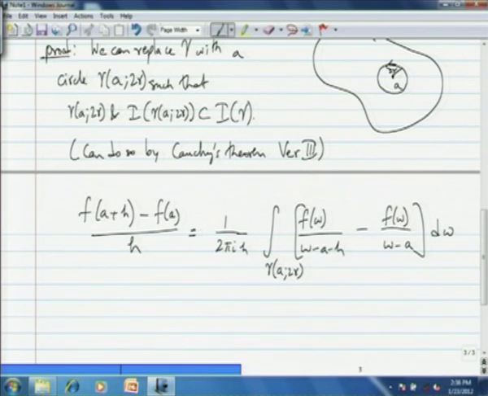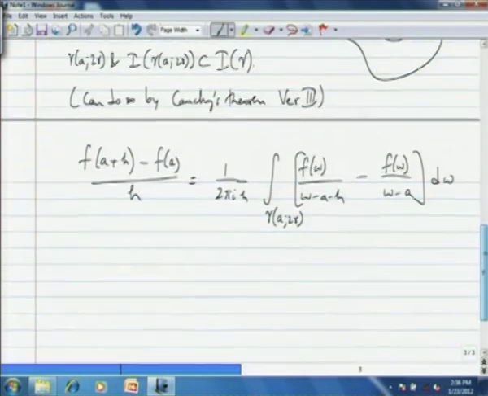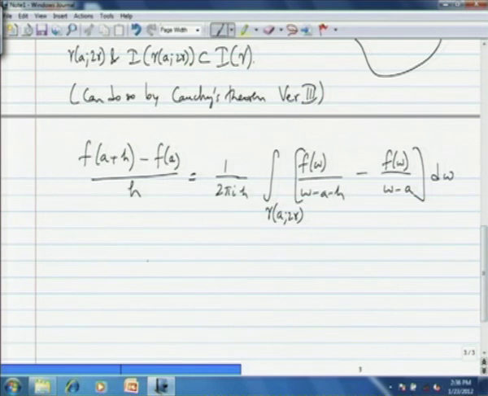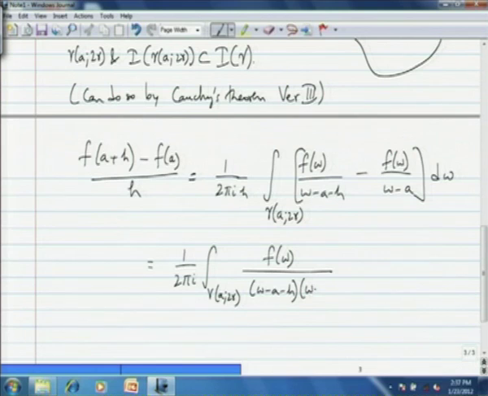So, I am using the Cauchy's integral formula twice, and upon simplification this gives 1/(2πi), and this h in the denominator cancels with the h I am going to obtain when I add these two expressions or subtract, whichever way you consider it, and then (w-a-h) times (w-a).